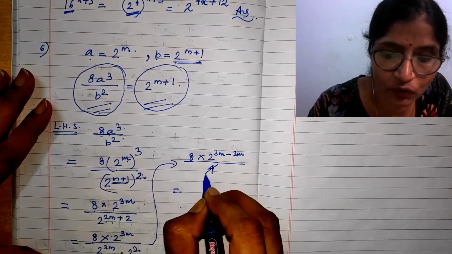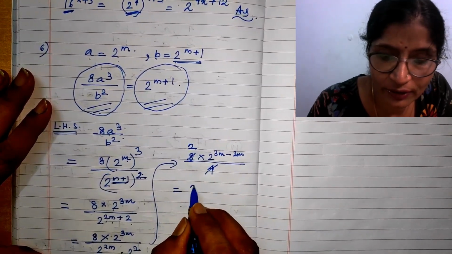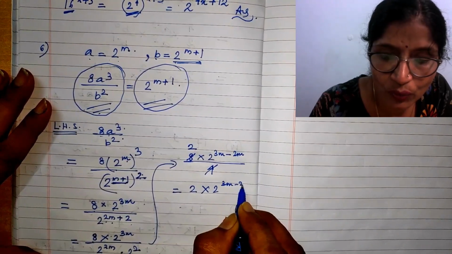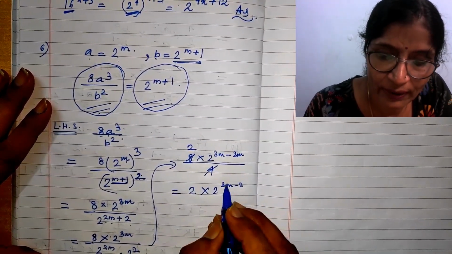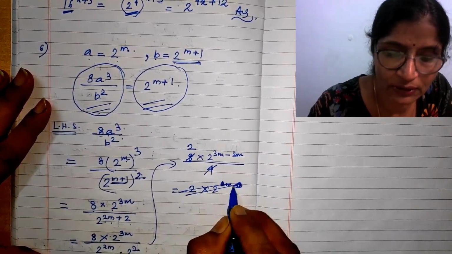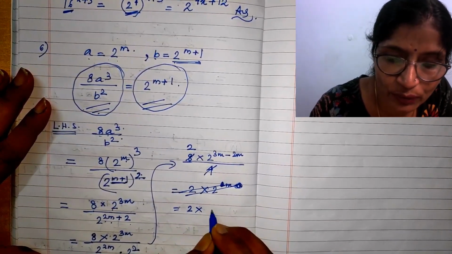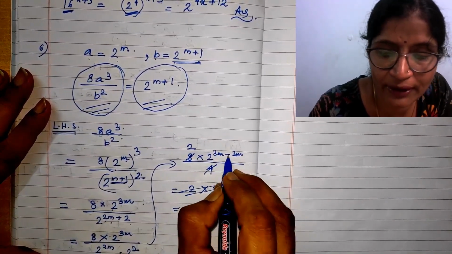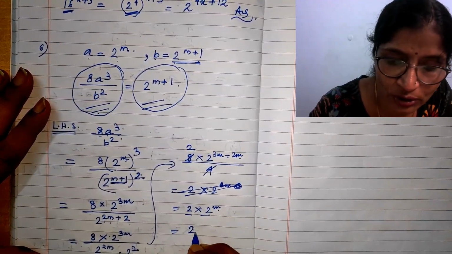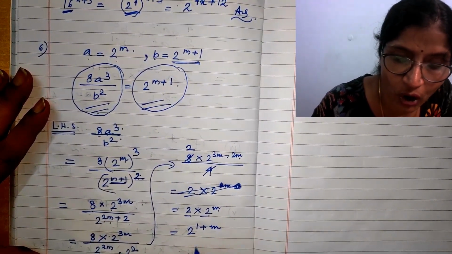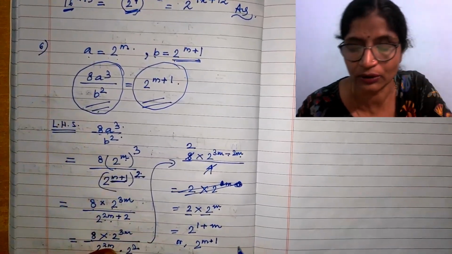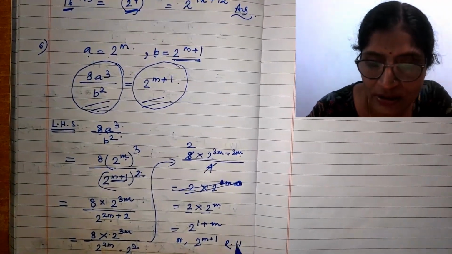That is equal to what? 4 2s are 8. So I have written 2 into 2 to the power 3m minus 2m, and this is just equal to m. Okay, cancel it. 2 into 2 to the power m. Why? Because 3m minus 2m is m. Now the bases are same, so powers will be added. So 2 to the power 1 plus m, or you can say 2 to the power m plus 1, and that is equal to RHS, right hand side.